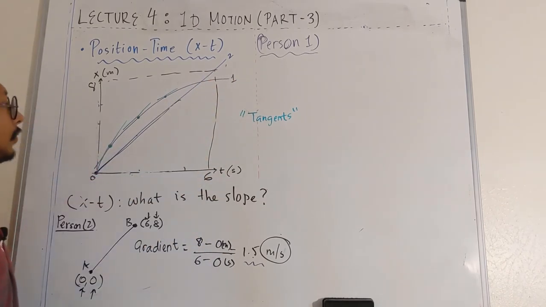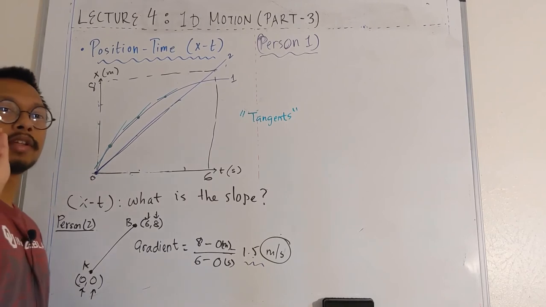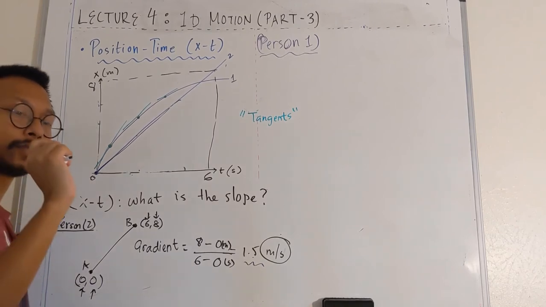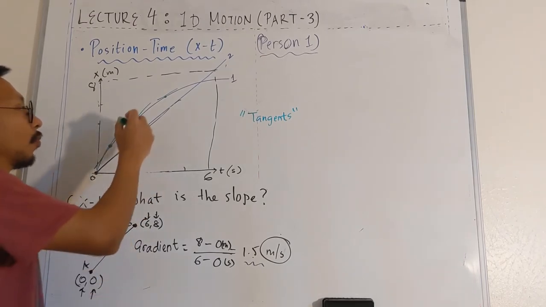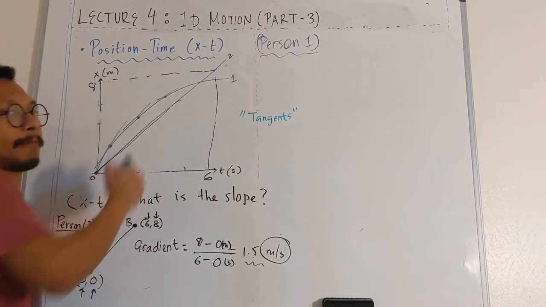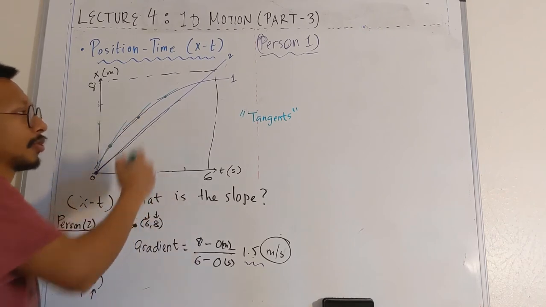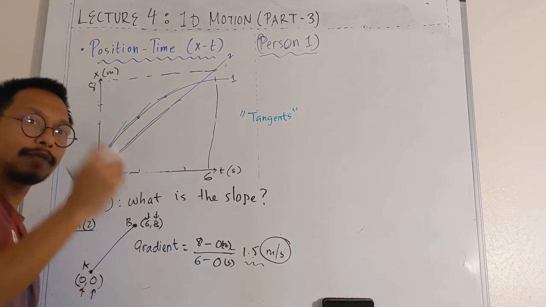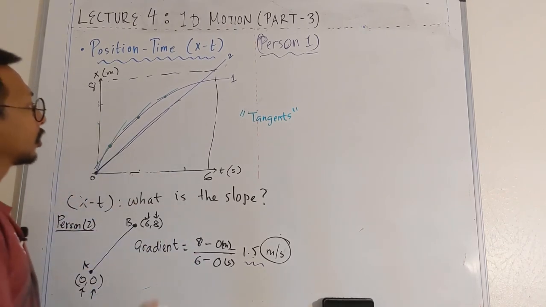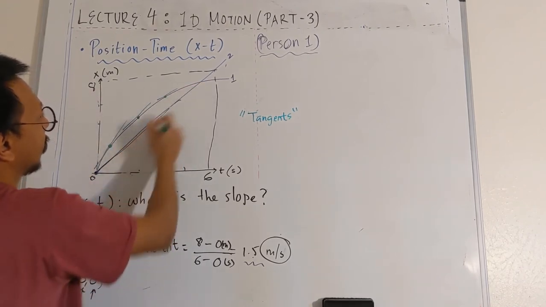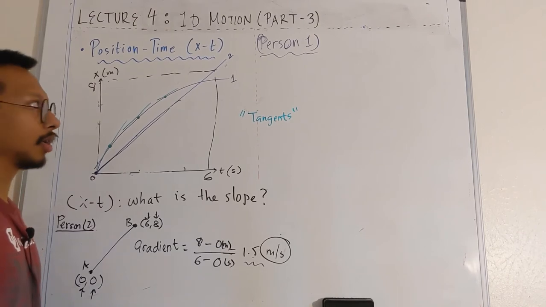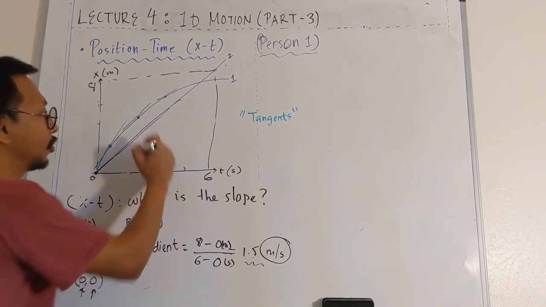Okay? We want to investigate the slope of a point which looks kind of similar to this straight line. So we look at a tangent which is close to being parallel to person 2, because parallel lines have the same slope. Okay? So we see that this tangent here looks parallel to person 2.